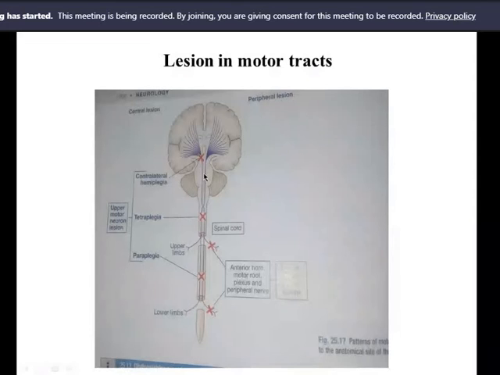Lower motor neurons are either spinal lower motor neurons, alpha motor neurons, or they are from the cranial nerve, which directly innervates either gland or muscle. Up to this clear?